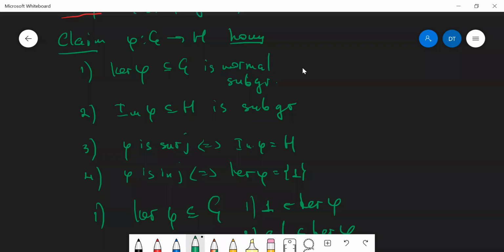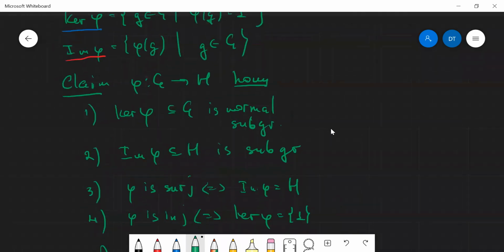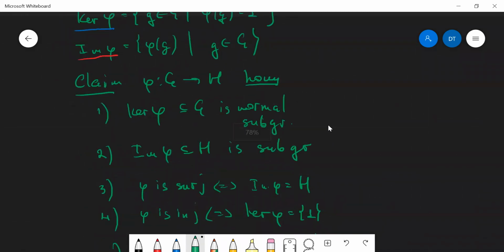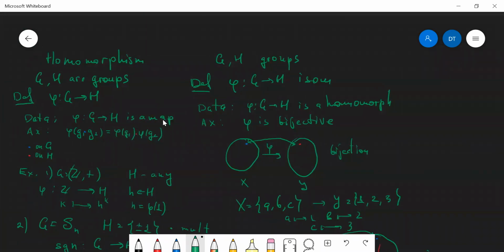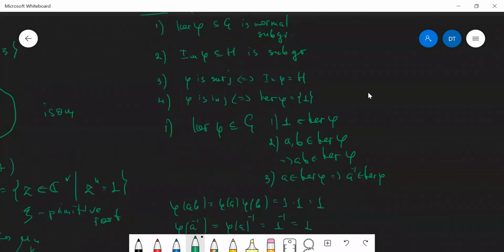There are two notions, a homomorphism and an isomorphism. A homomorphism is an arbitrary map preserving an operation, and an isomorphism is a bijection preserving an operation. Okay, I got it. Thank you. So your homomorphism is an isomorphism if and only if the image is equal to H and the kernel is equal to the trivial subgroup.